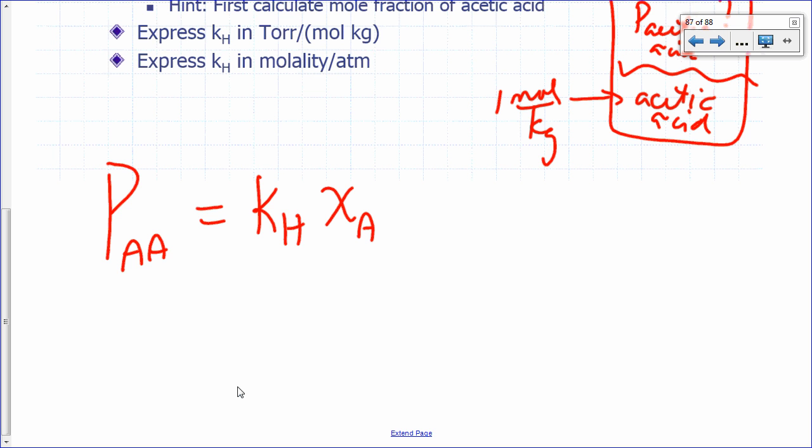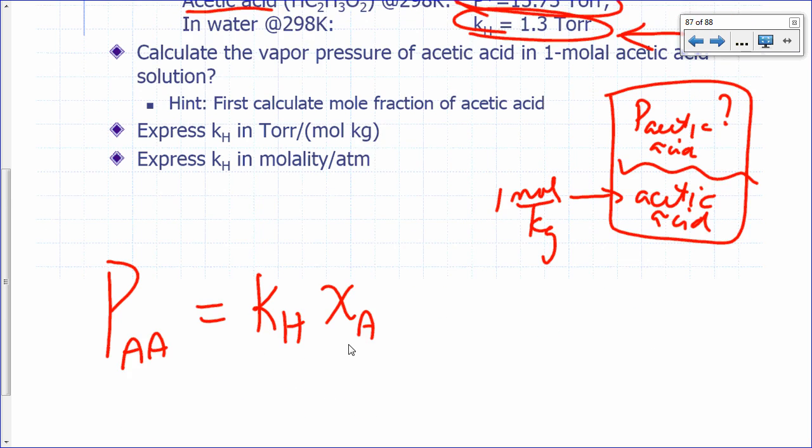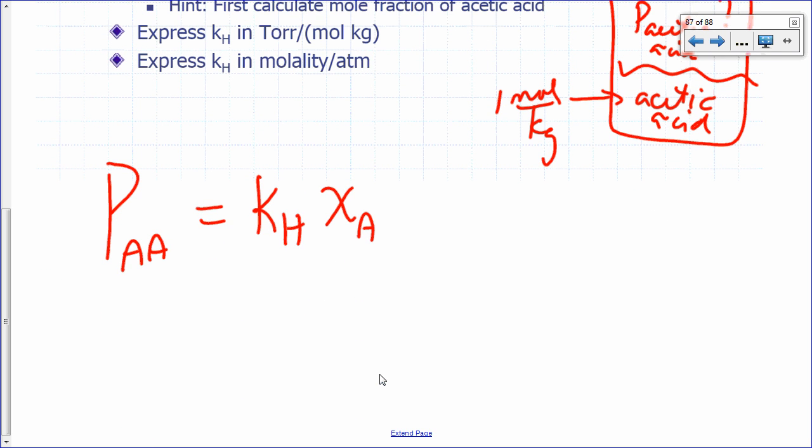Since your Henry's law constant is given as 1.3 torr, this is 1.3 torr times the mole fraction of acetic acid in your water. So how do you solve for a mole fraction of acetic acid?